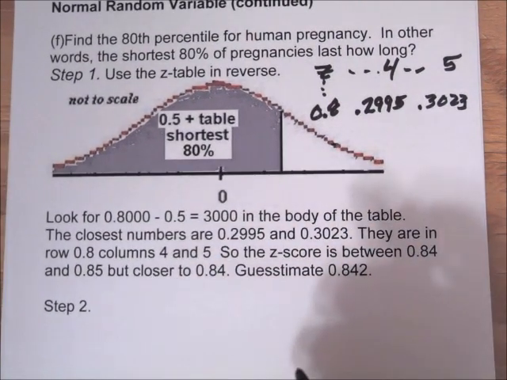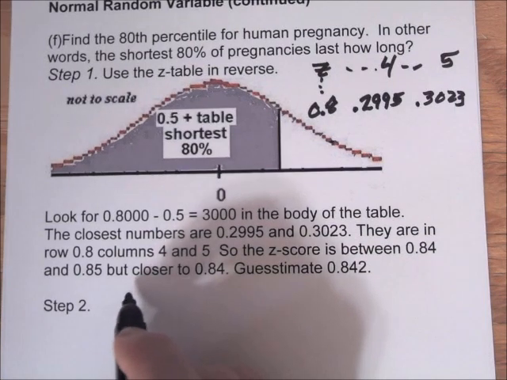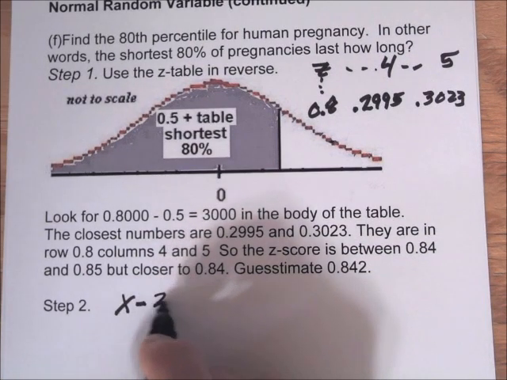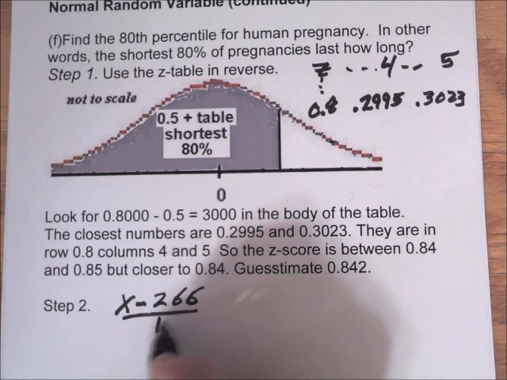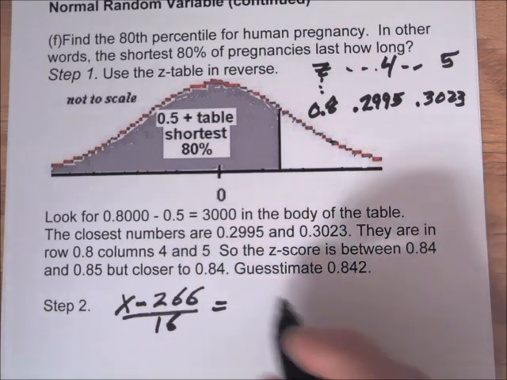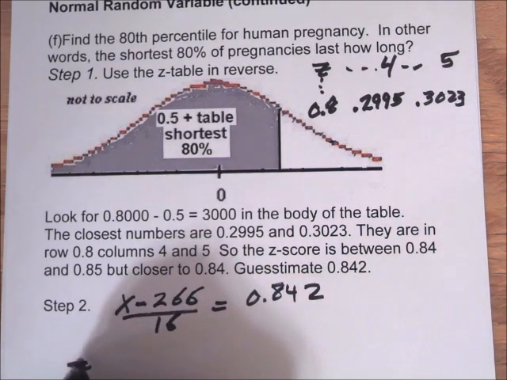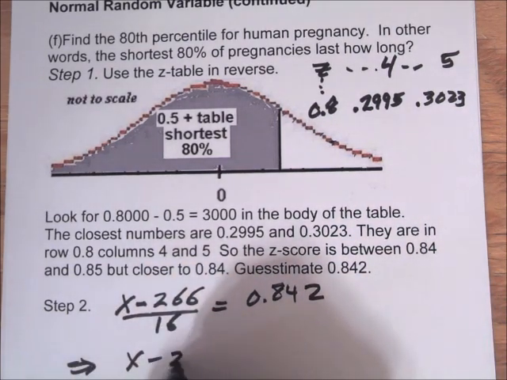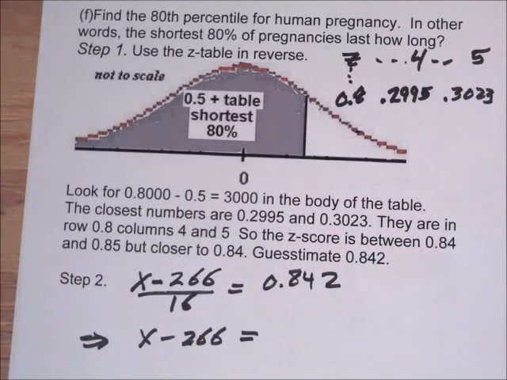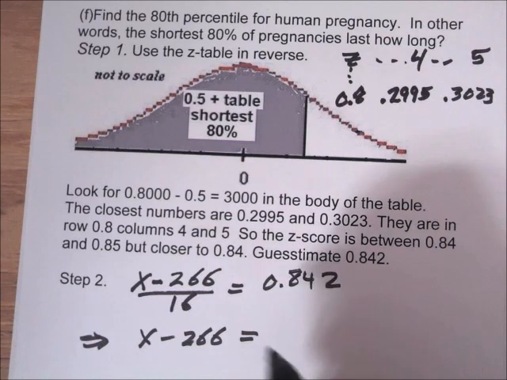And then the next step, you want to solve x minus the mean, which is 266, divided by 16 equals 0.842. So again, we want to multiply both sides by 16. And 16 times 0.842 is 13.472.